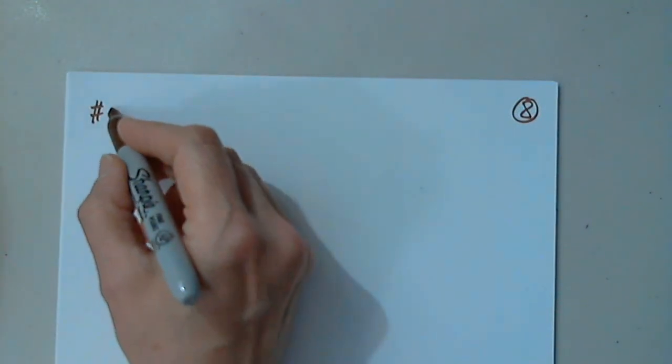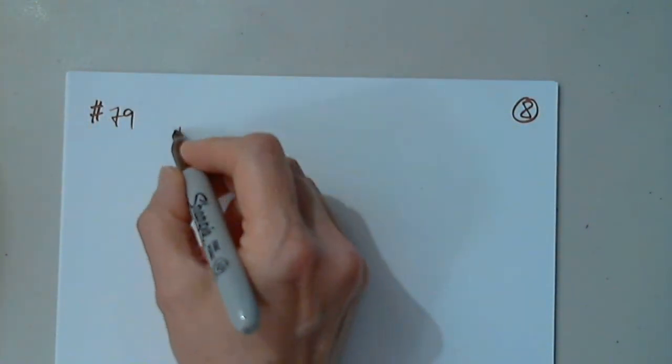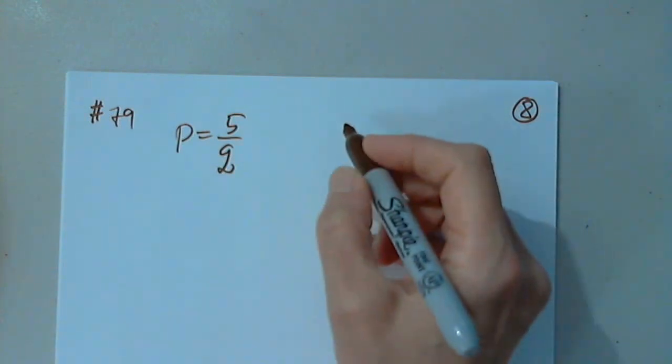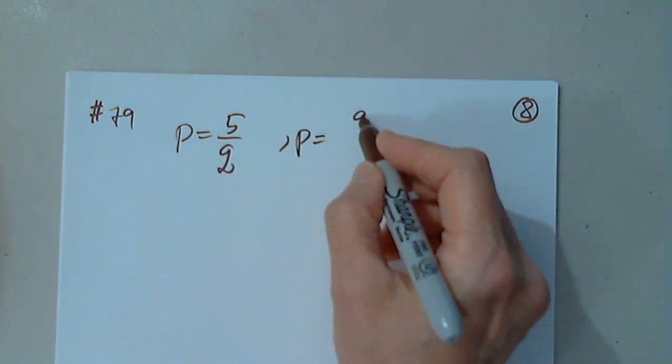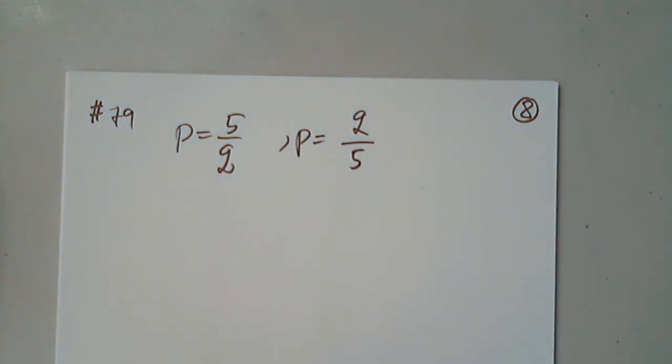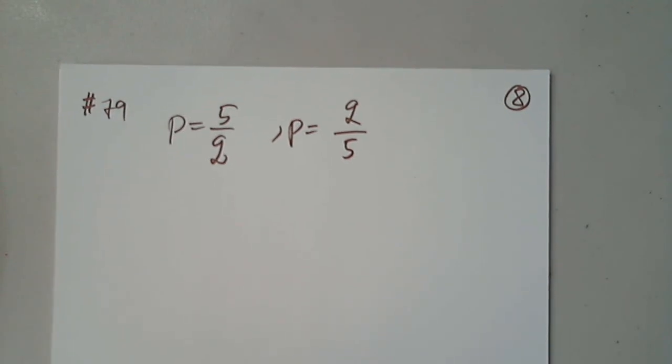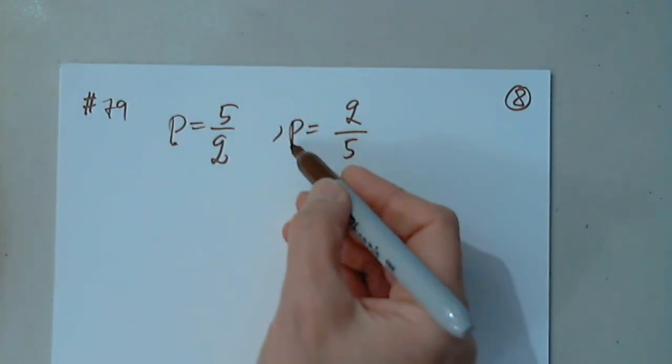So we have P equals 5 over Q. The notation here is really silly, in my opinion. This is the price, so it's P, and the quantity is Q. They're asking us to find the equilibrium point. Fine. So in order to find the equilibrium point, notice that this is the same thing as this.